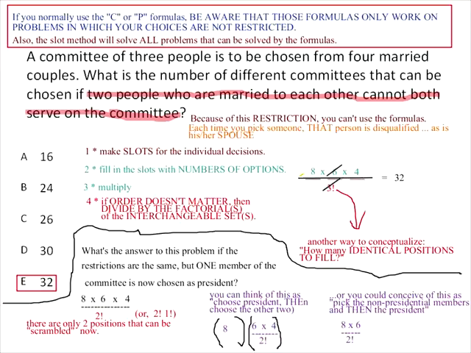And then there would only be 4 people left for president. But in any of these cases, you're going to get the same answer, ultimately speaking, which is 8 times 6 times 4 divided by 2 factorial. So it's going to be 3 times as large as the last answer because there's no 3 in the denominator.